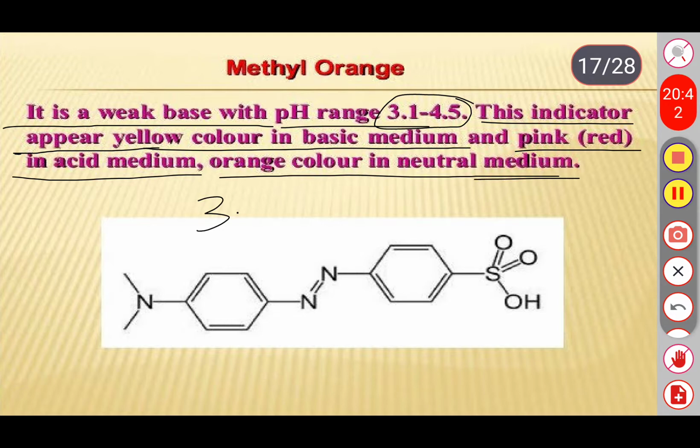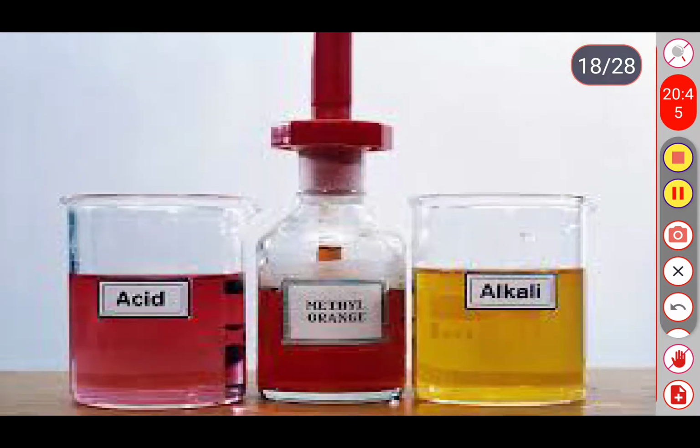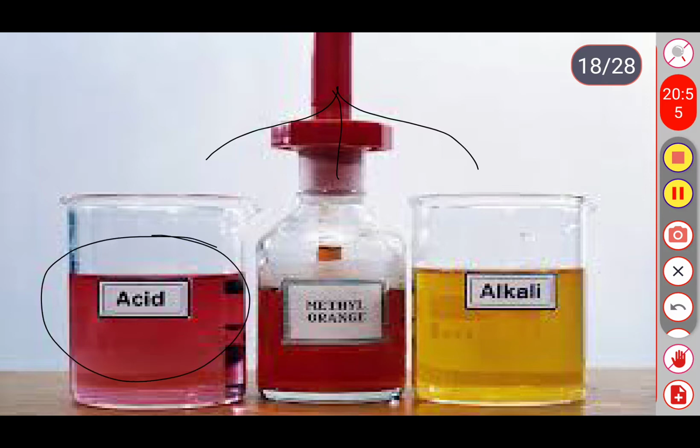Here you are observing that the same methyl orange shows three types of color at three different pH values. In acidic solution, it shows red color. In basic solution, it shows yellow color.